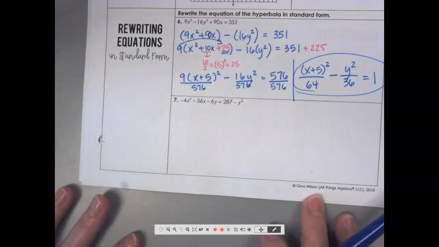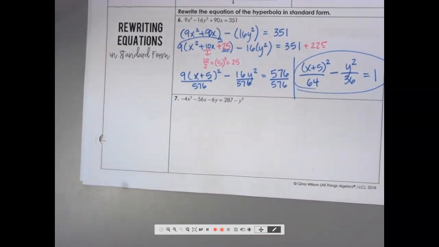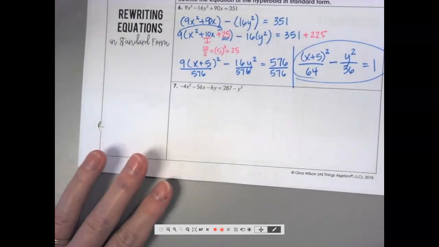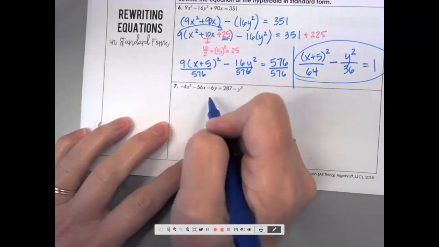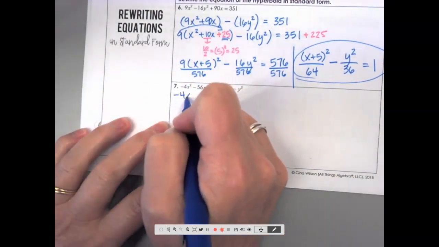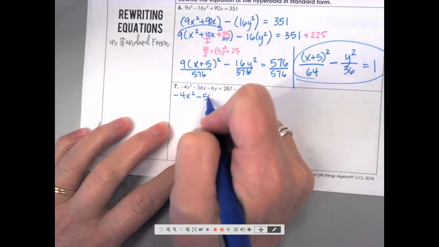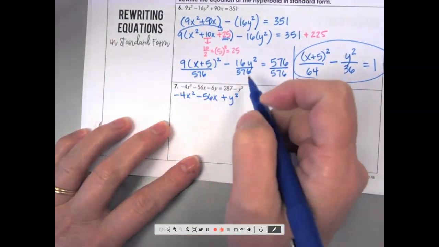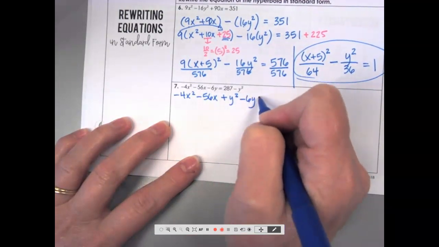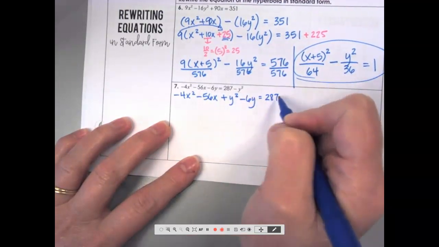Okay, I think that this one looks kind of messy, so let's do this one here. All right, so tell me how I'm going to rearrange first. Move the y squared, leave the 287. Negative 4x squared minus 56x plus y squared minus 6y equals 287.